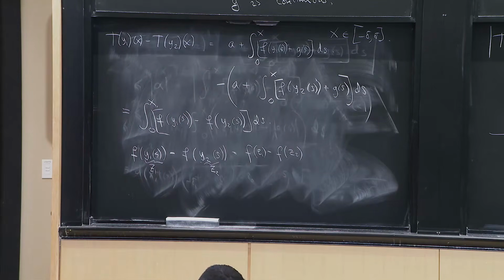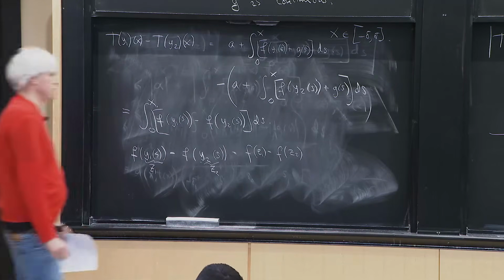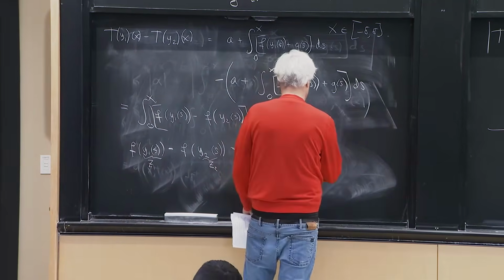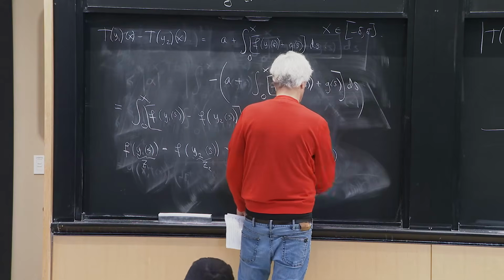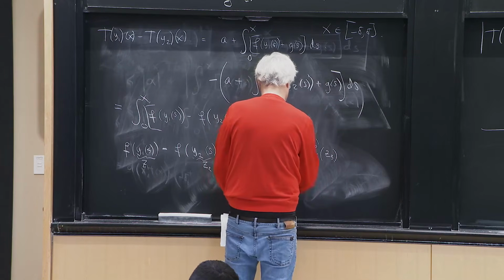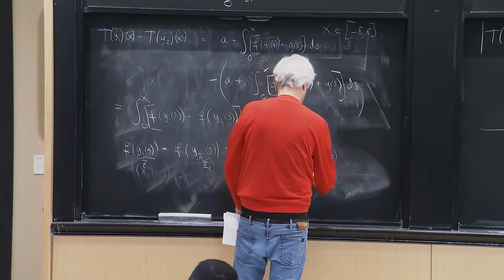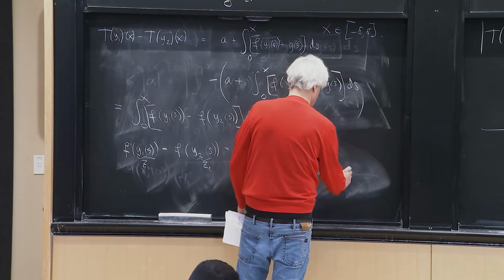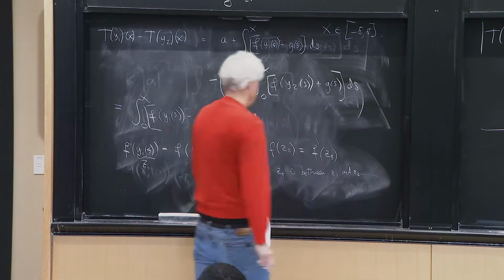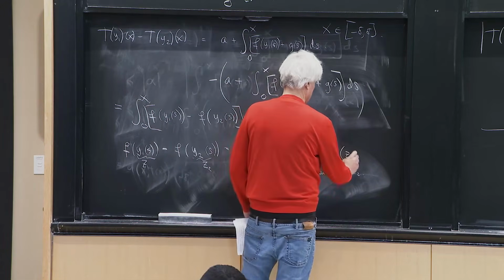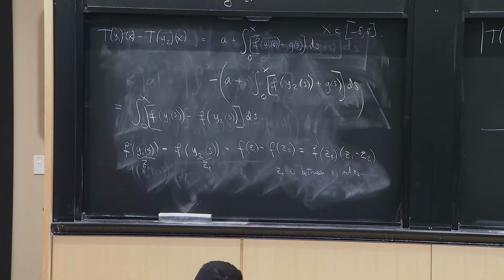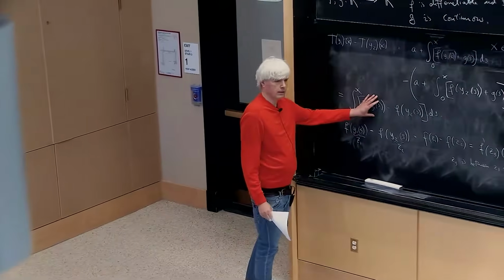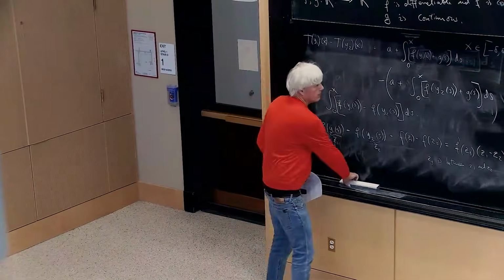Now, the mean value theorem tells us that this is equal to the derivative at some intermediate point, let's say set 3, where set 3 is between set 1 and set 2, times set 1 minus set 2. This holds for any s.